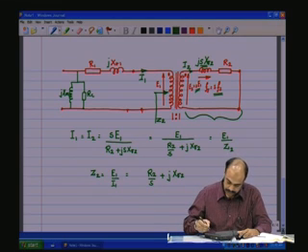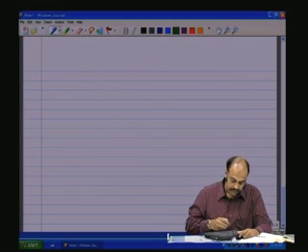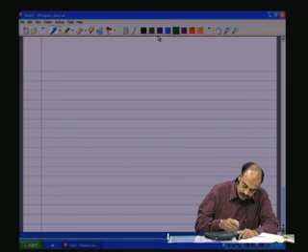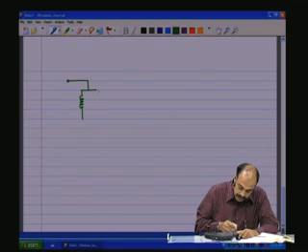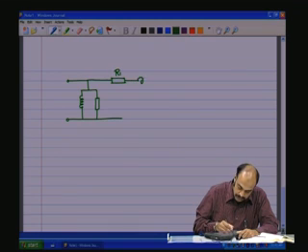Which means we have now the magnetizing reactance and core loss component. This is followed by R1, and that is followed by jX sigma 1, the primary side.